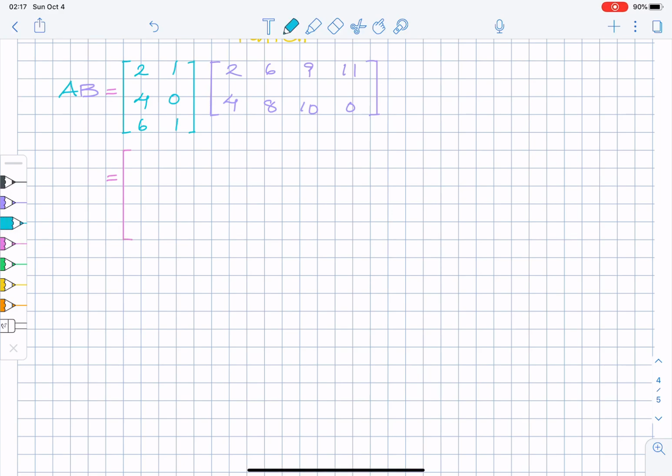So first I claim that this is 2, 4, 6, 1, 0, 1. And I'm going to multiply that by 2, 2, 2, and 4, 4, 4, and then add these guys together.